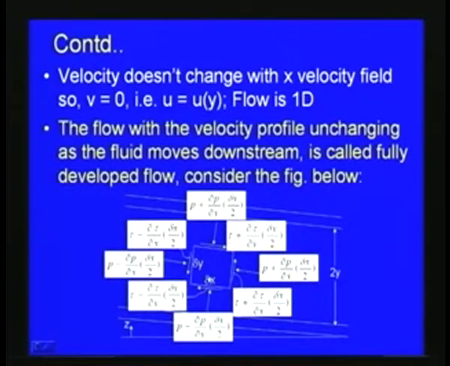Now we will consider the flow with the velocity profile unchanging as the fluid moves downstream. So, in this particular case the flow is a fully developed flow, and then we consider a small fluid particle of size delta x by delta y like this, and ask what are the various forces acting on this particle or this small volume of the fluid.